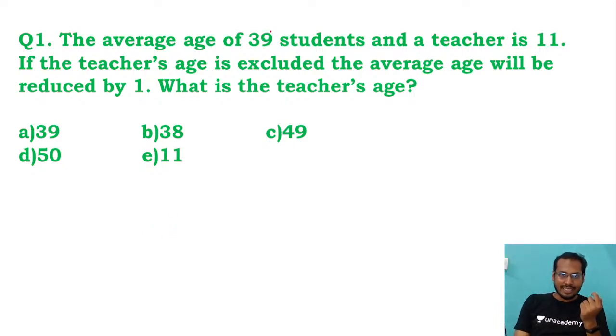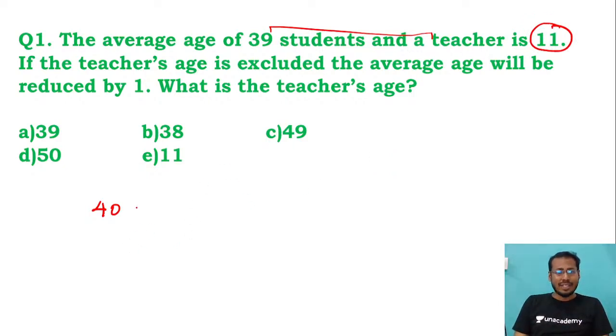See, totally 39 students and a teacher, 40 members are in the class. Average age is 11 means each one is 11. Correct? Each one's age is 11. So 40 members are there. Each one is 11 means 40 into 11. That is the total amount. Okay. And look at this. If the teacher's age is excluded, there are only 39 students.